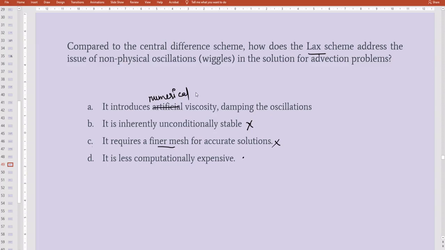Actually, this numerical viscosity is another term for what we have already discussed, numerical diffusion. In some texts, both numerical viscosity and artificial viscosity may be used simultaneously, but actually artificial viscosity is something else.